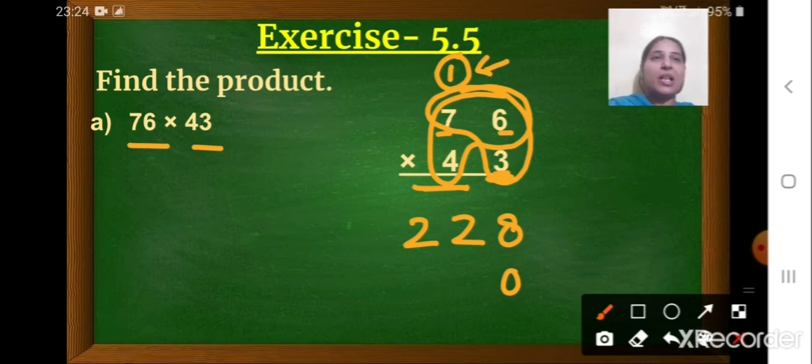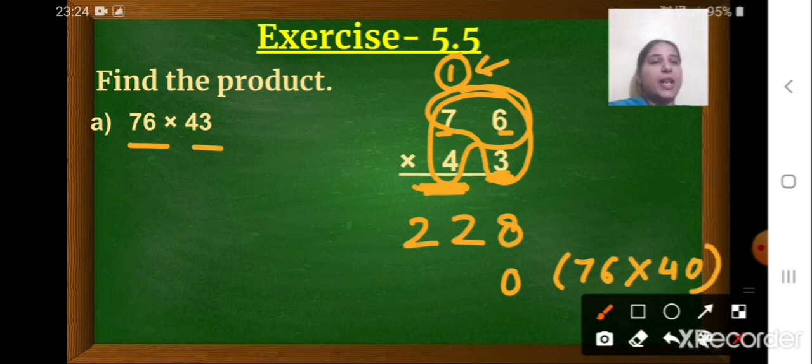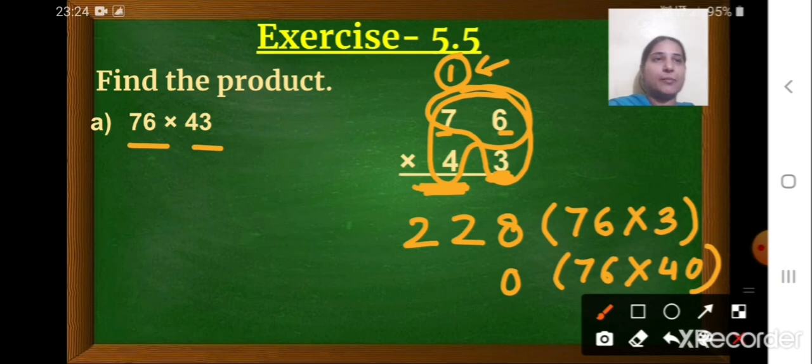Because now we are multiplying the multiplicand, that is 76, by the digit which is at the tens place. 4 is at the tens place here, that's why 40. So we can say here we will be multiplying 76 by 40, and here we multiplied 76 by 3 ones, or 3. Okay. So that's why we will write 0 here, and now we will multiply 6 by 4.